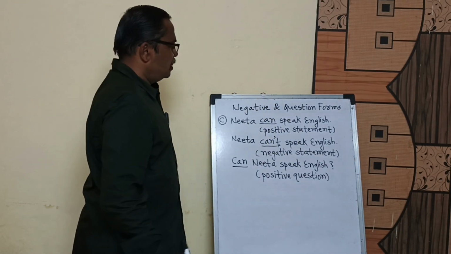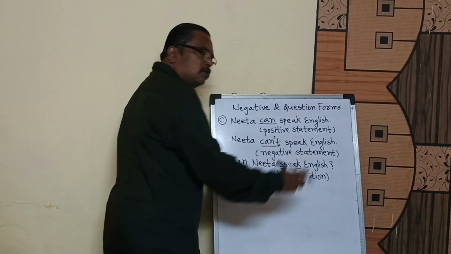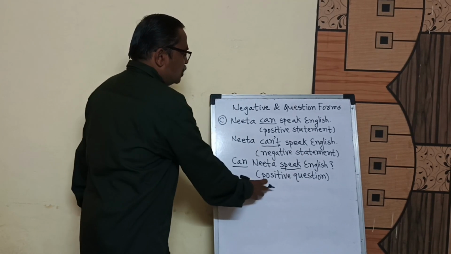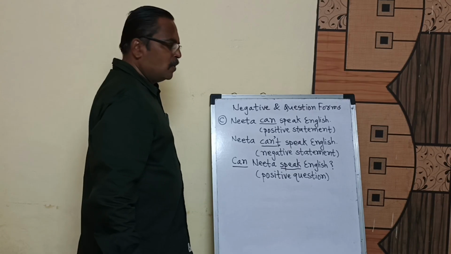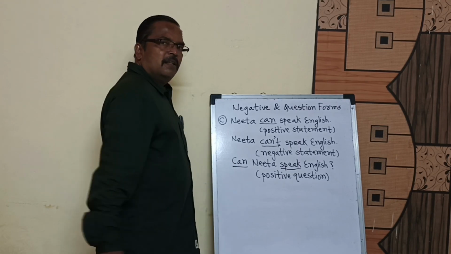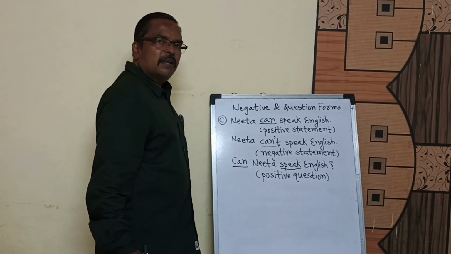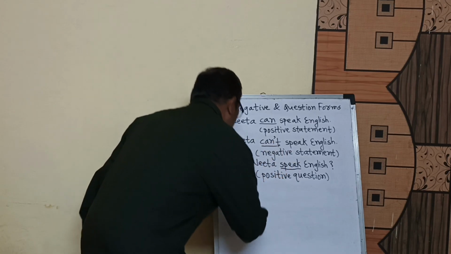Let's transform this sentence into a negative question. For that, we have to take the negative form of the modal auxiliary verb can, that is can't.